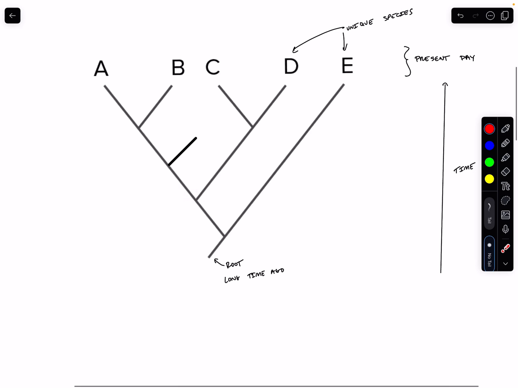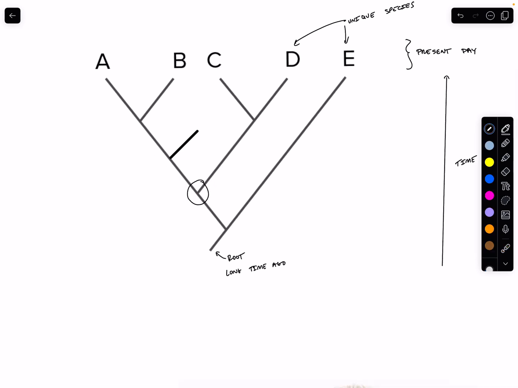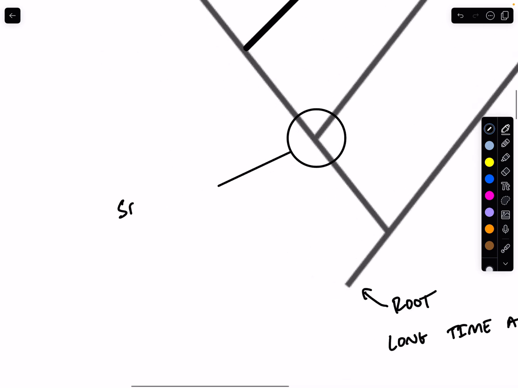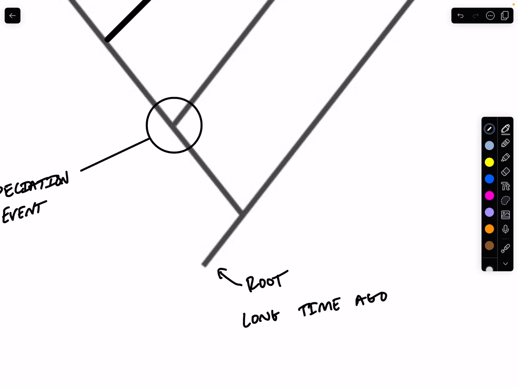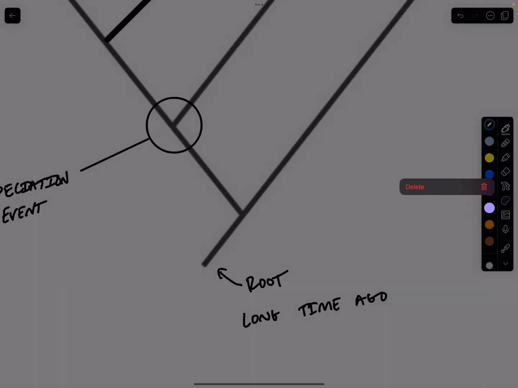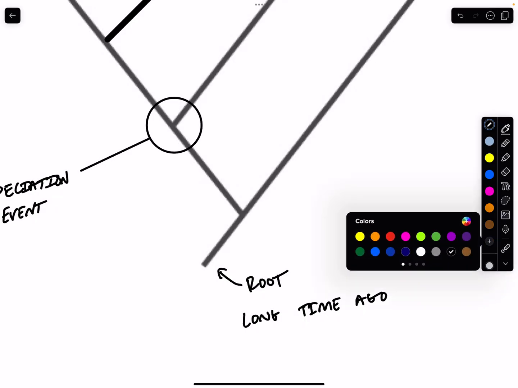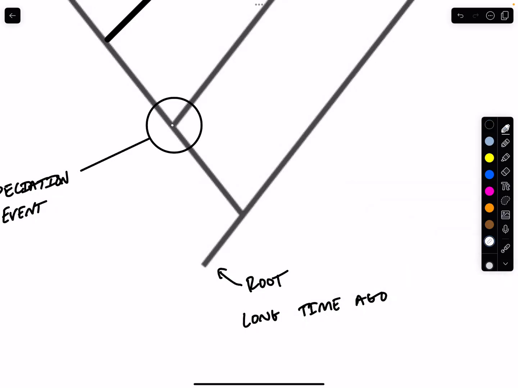Now, a branching point along our tree is a speciation event. And the crux of the branching point, like this point right here in the center, this is the last shared common ancestor.